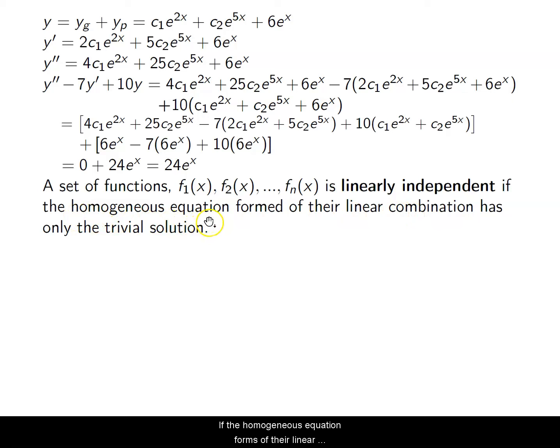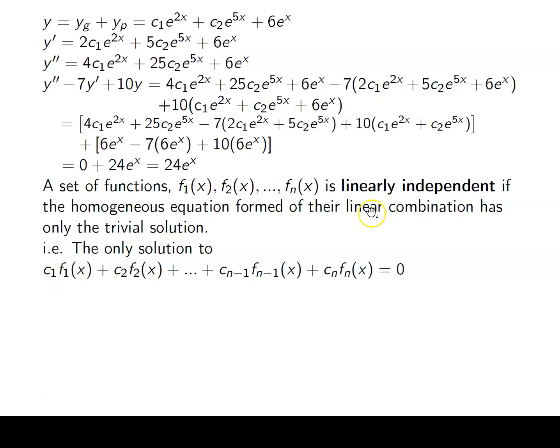If I add these things together as a linear combination, c1 f1 of x plus c2 f2 of x, and so forth up to cn times fn of x, and that linear combination is 0 and has only the trivial solution, then it's going to be linearly independent.